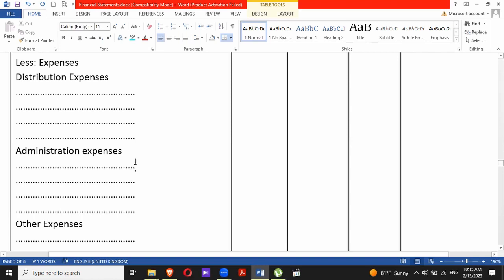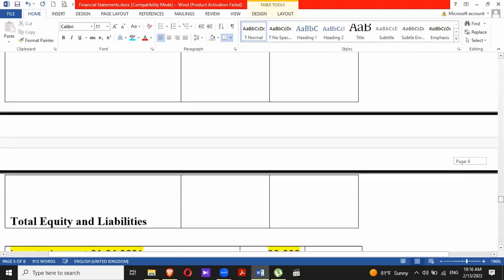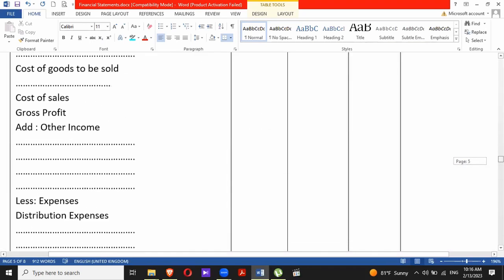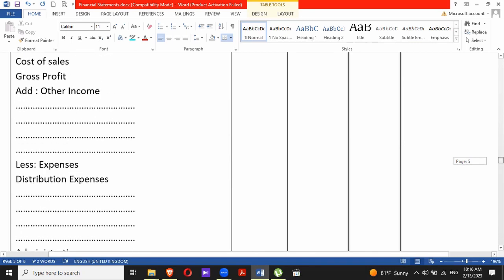Out of those 4, rent expense comes under administration. So you can mention rent expense value, rupees 30,000. Again, there's insurance expense 26,000.